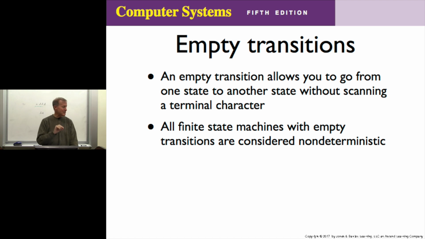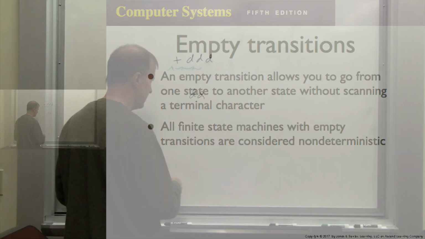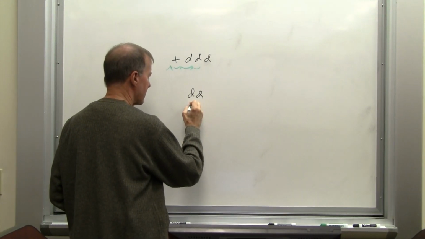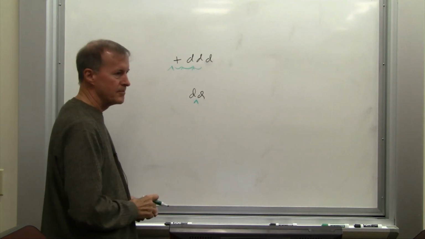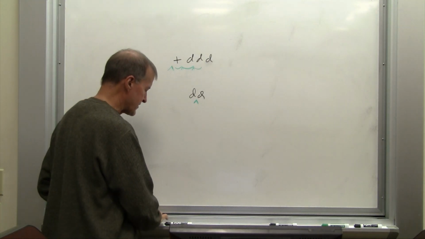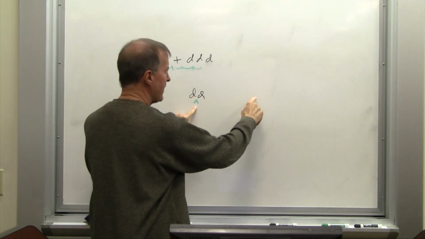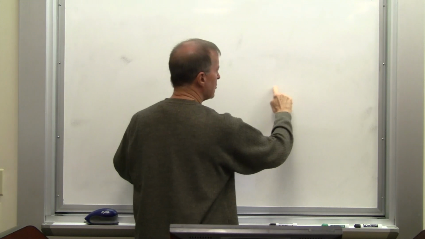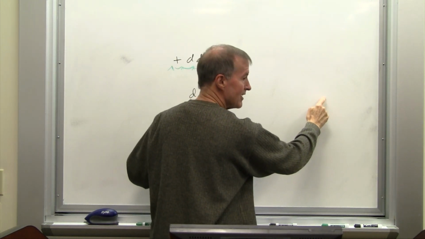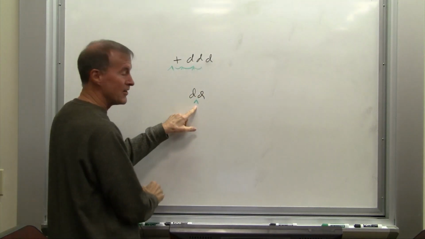If your cursor is right here, and you're in some state that has an empty transition from it, you can make the transition to the next state on the empty one, but what happens here?